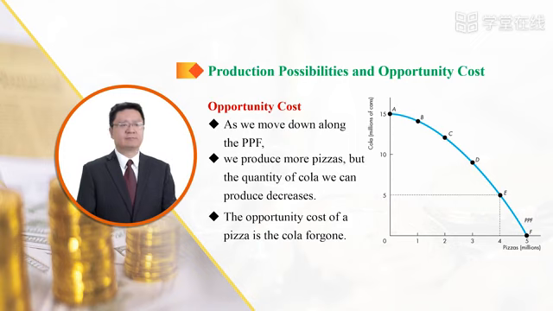Along the PPF, there are only two goods, so there is only one alternative foregone: some quantity of the other good. To produce more pizzas, we must produce less cola. The opportunity cost of producing an additional pizza is the cola we must forego. Similarly, the opportunity cost of producing an additional can of cola is the quantity of pizza we must forego.